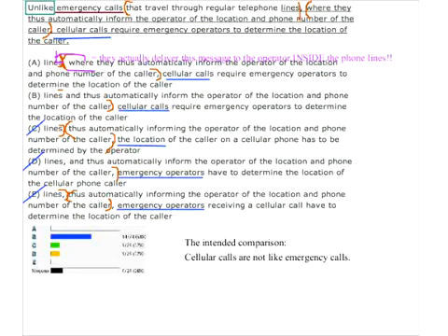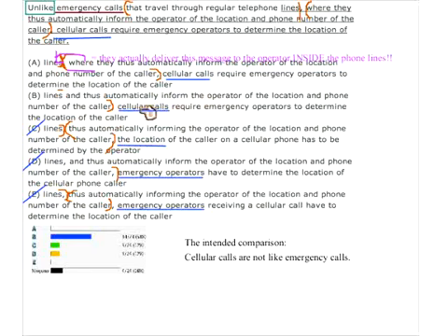So where is it incorrect? Again, it's not grammatically wrong. There's nothing grammatically wrong there at all. It's nonsense. Modifier errors also tend to be nonsense and not grammatical problems. So A is just ridiculous, so A is wrong. B is not ridiculous, so that's the point. Unlike emergency calls that do this and thus do that, cellular calls do this instead.